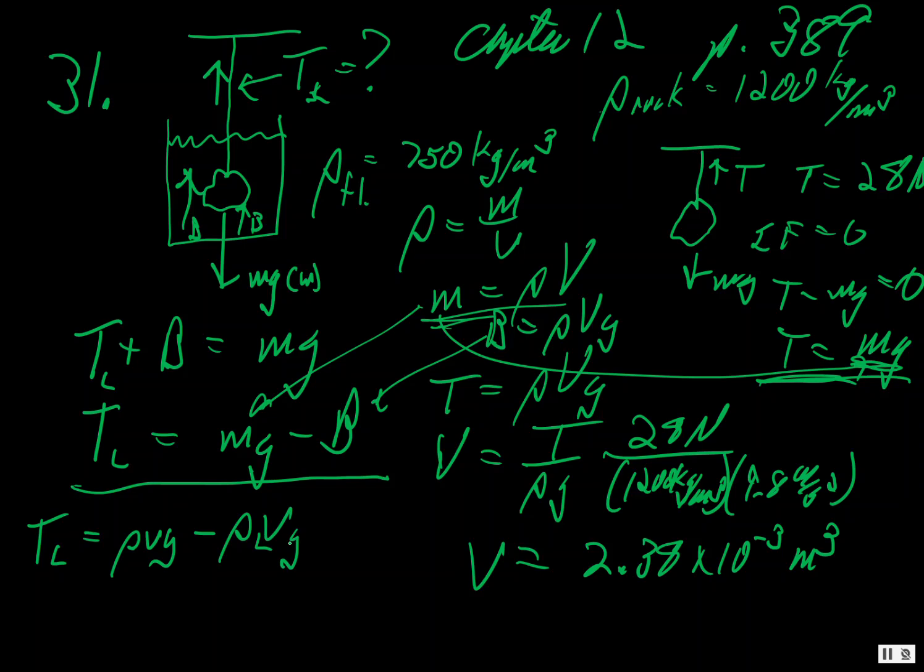Okay? Now look, guys, we can actually do some factoring here. Notice we've got rho VG and we got rho VG. So what can I do? Well, I can factor out the VG. I can say T_L is equal to what?